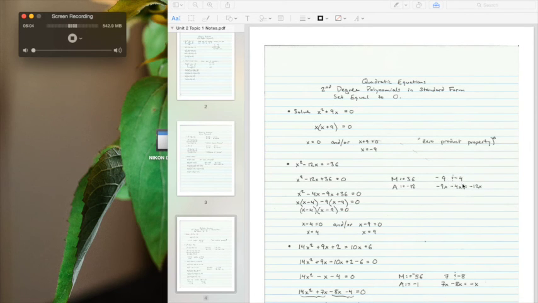Now 9 times 4 is 36, and that's great, but that doesn't give me a negative 12. So I better make this 9 and this 4 negative, okay? Negative 9 times negative 4 is positive 36 because the negatives cancel each other out, but negative 9 plus negative 4 is going to equal negative 12, which is exactly what I want.